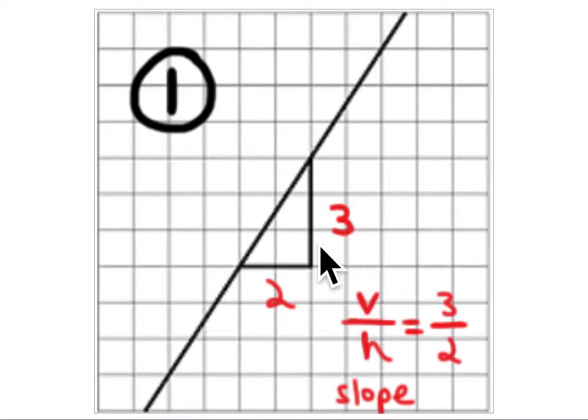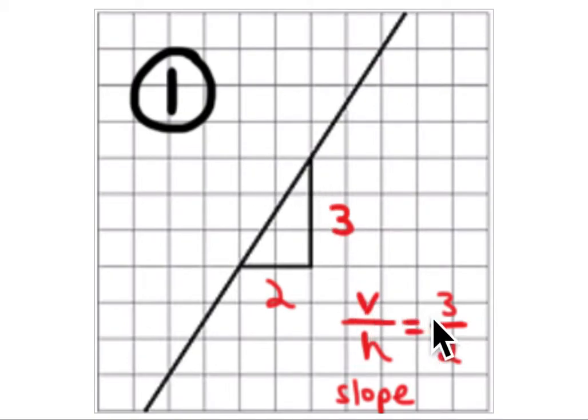All right, so how far does this line go vertically as you go up this hill? You're traveling 3 units up for every number of units that you're going into the hill, if that makes sense. So as I go up 3 units, I'm traveling into the hill 2 units.